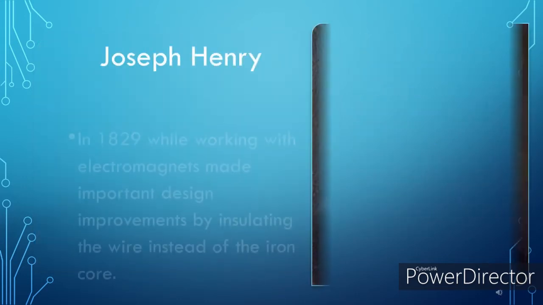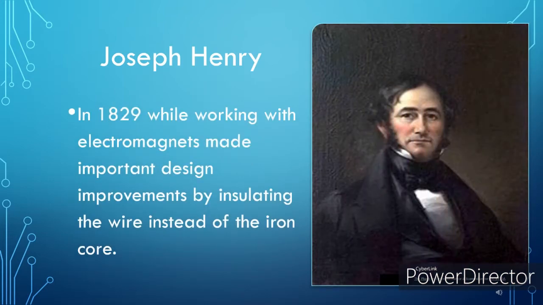Another important individual who made important design improvements by insulating the wire instead of the iron core while working with electromagnets in 1829 was Joseph Henry. He was able to wrap a large number of turns of wire around the core and thus greatly increase the power of the magnet.